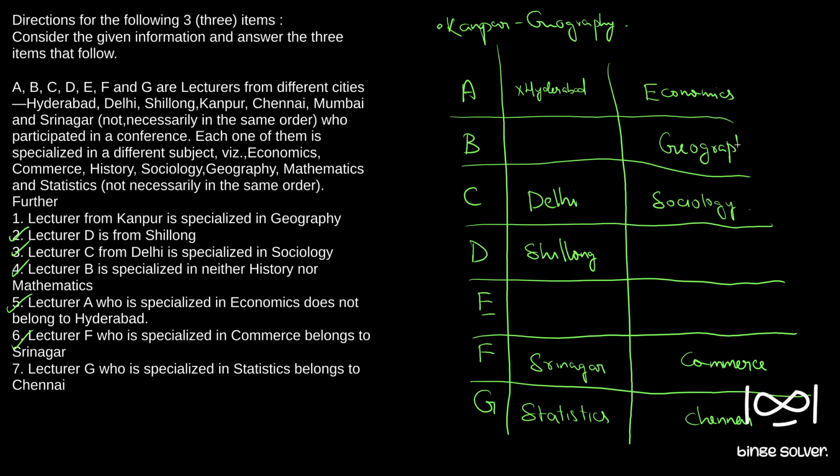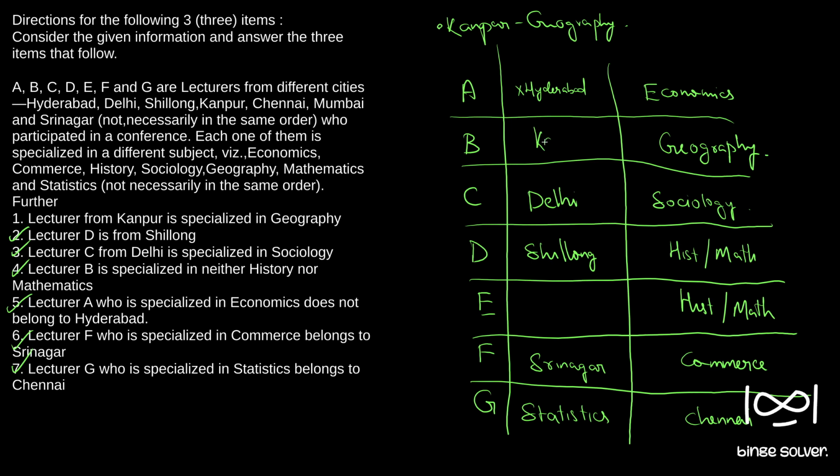Since history and mathematics doesn't go here, the only option that is left is geography. So here it could be history or mathematics, that we don't know. And the first point we used was lecturer from Kanpur is specialized in geography. So we got this as geography.